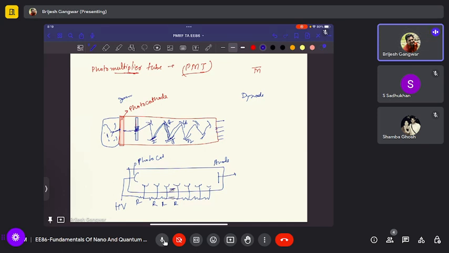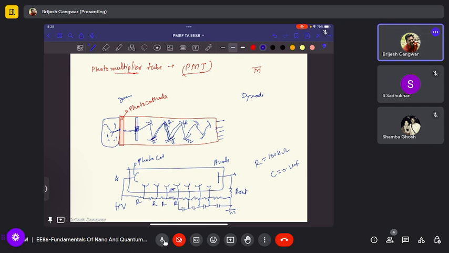Here are multiple dynodes, then some capacitors, and here the R out, the load we can connect, and here is the ground. If the resistance is around 100 kilo ohm and C is 0.1 microfarad, this is the equivalent electrical circuit of this photomultiplier tube, the PMT.